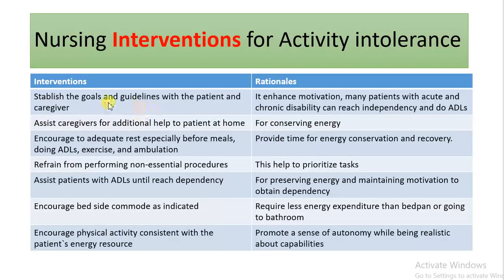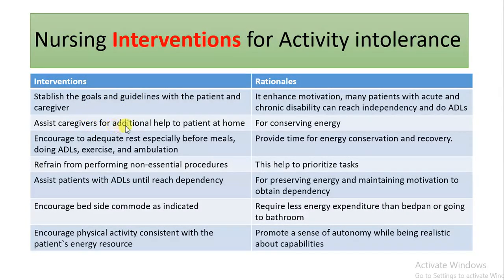If the goals are unachievable, the patients will be disappointed, and that's not good. To enhance motivation, the patient should have realistic goals for activity. So the first intervention is having goals and guidelines.